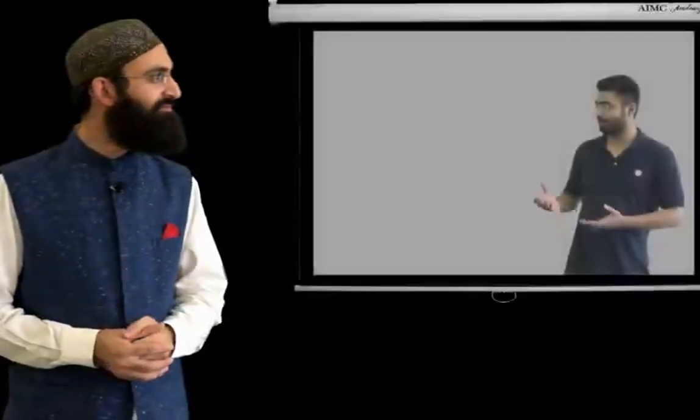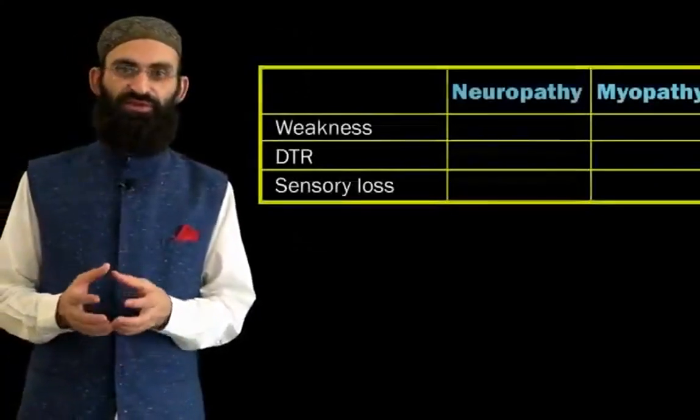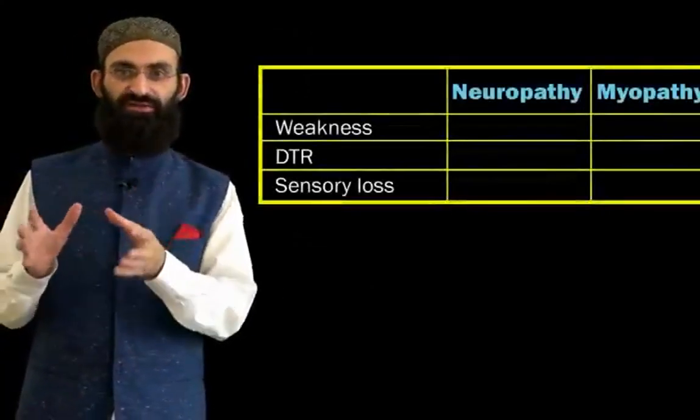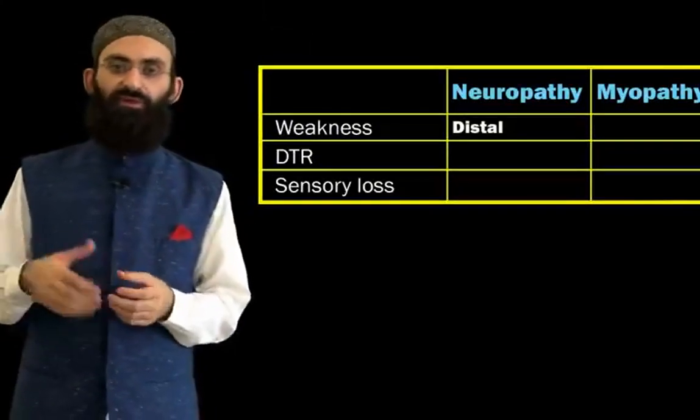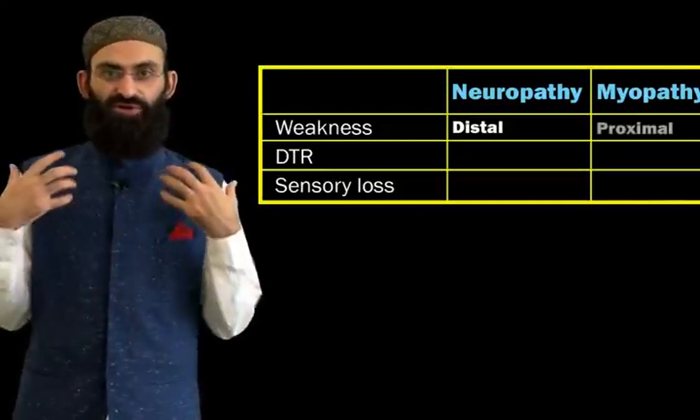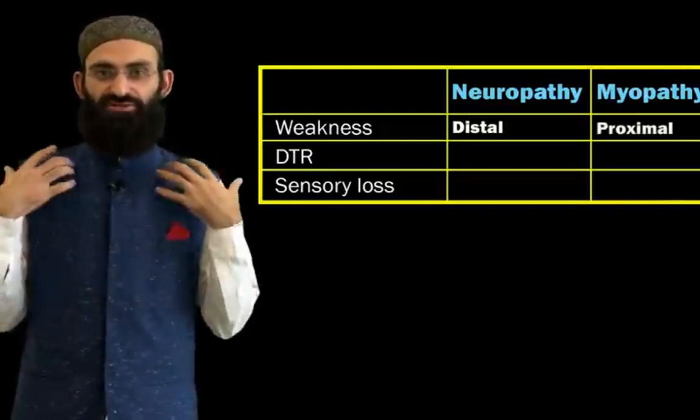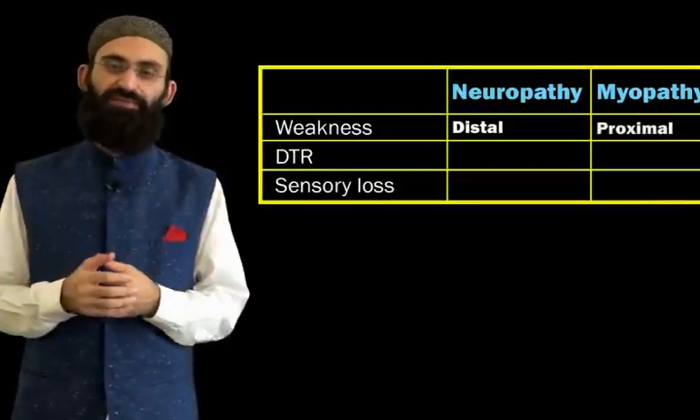So what is the difference between neuropathy and myopathy? In cases of neuropathy, the weakness primarily involves distal group of muscles. Myopathy generally involves proximal muscles of pectoral and hip girdle.